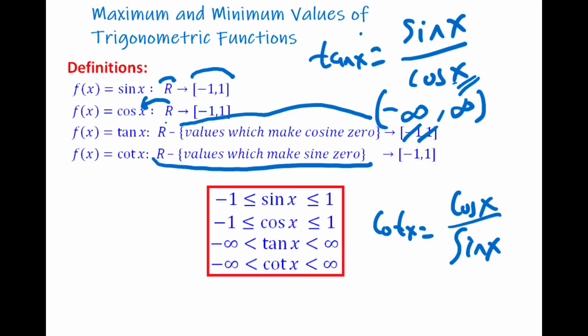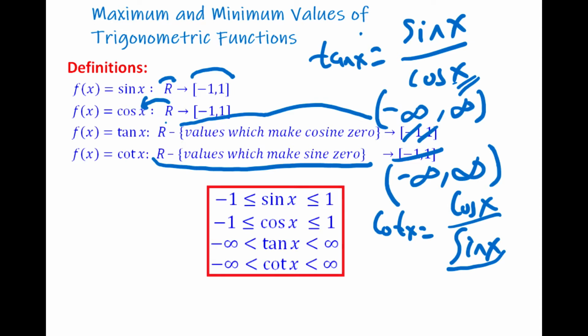Whichever value makes sine 0, we cannot give those values for x for the cotangent function. And the outcome is still going to be similar to what we have for tangent here. It's going to be somewhere between -infinity and +infinity. If those are infinity, guys, then our interval is always going to be an open interval. It cannot be a closed interval.